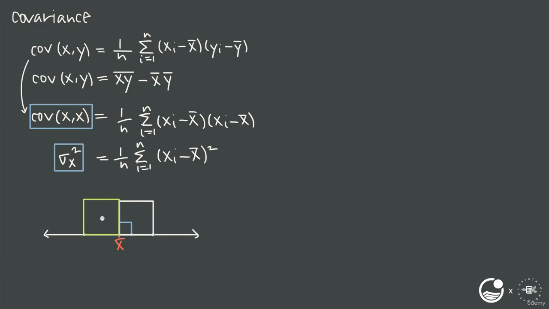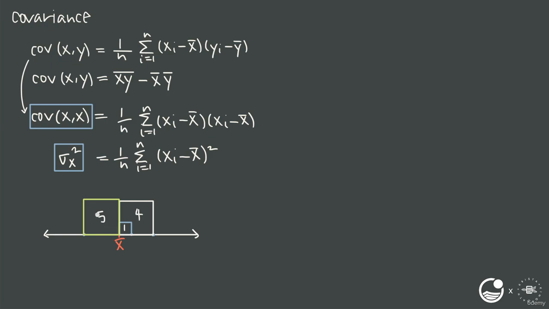This green square is the largest amount of area, then the white square, and then the blue square is a smaller amount of area. What this variance formula gives us is the mean amount of area of these three squares, or the average area. So let's just make up values. Let's say that this little blue square has an area of 1 square unit, the white square has an area of 4 square units, and the green square has an area of 5 square units.